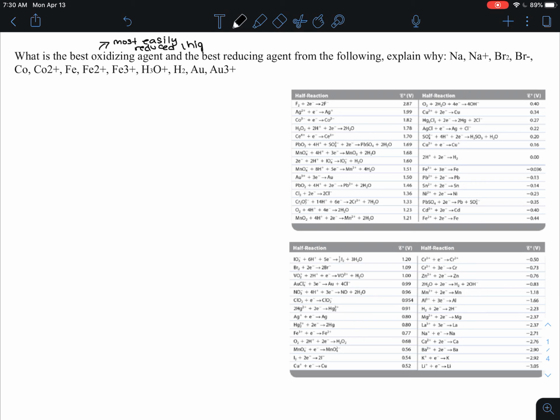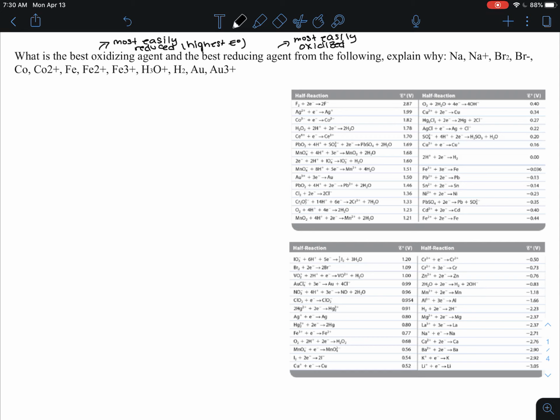So that means highest cell potential. Best reducing agent means most easily oxidized. So that has the highest oxidation, which would be the highest potential when you flip the reaction.